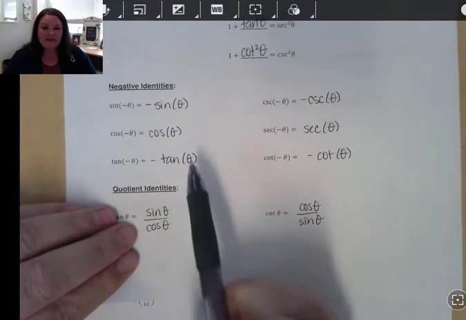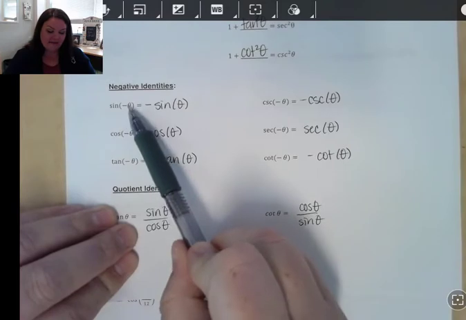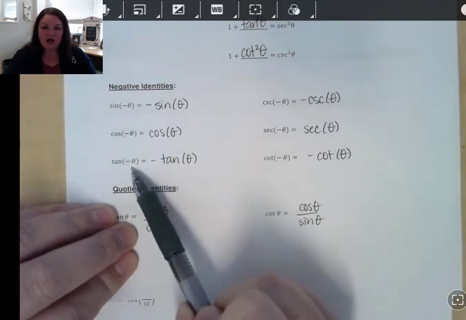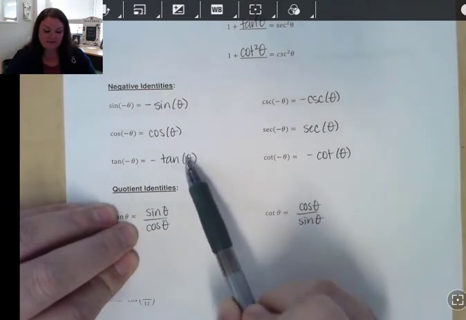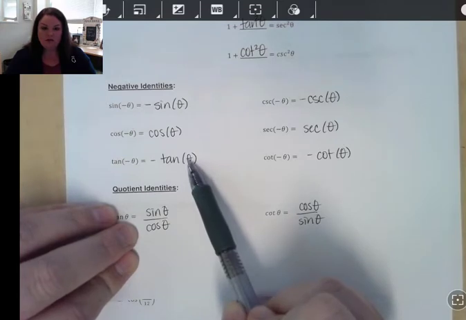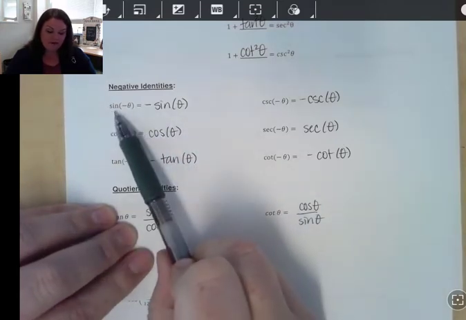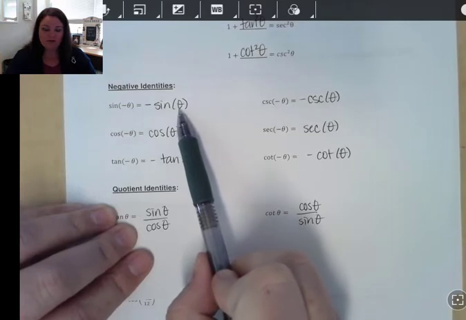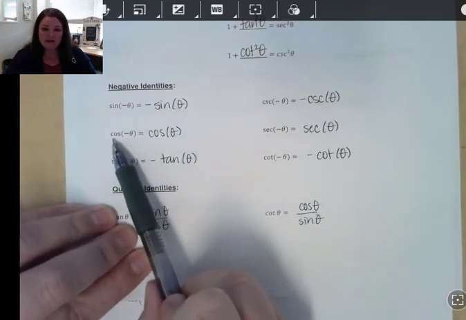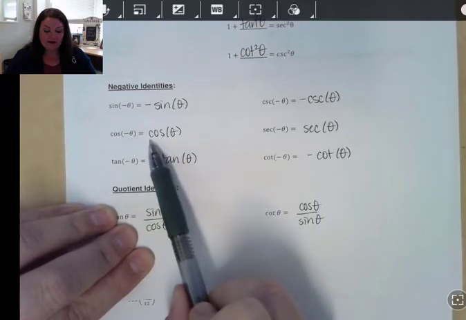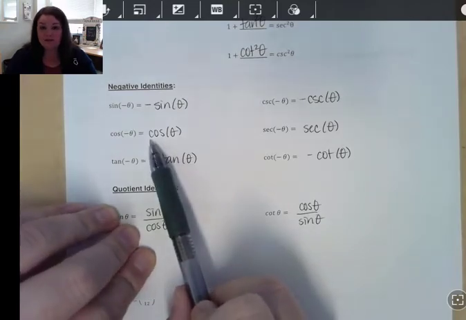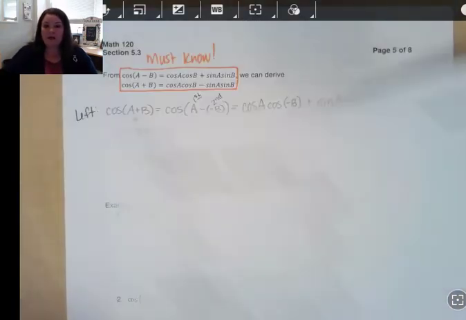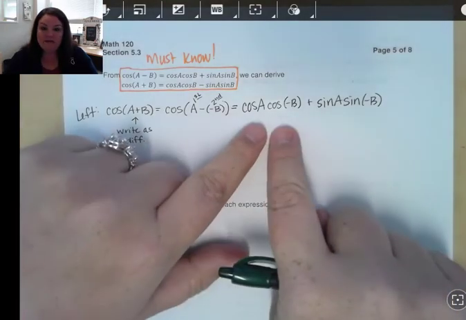If I look at the negative identities, anytime I have a negative angle, I can rewrite it with the positive form of that angle. If it's a sine, it just becomes a negative sine value of the positive angle. If it's a cosine of a negative angle, I can write that as just cosine of the positive angle. So let's see how we can apply those in what we have here.